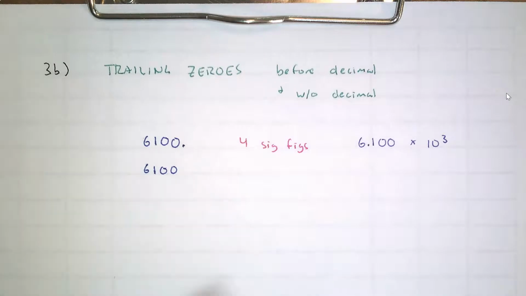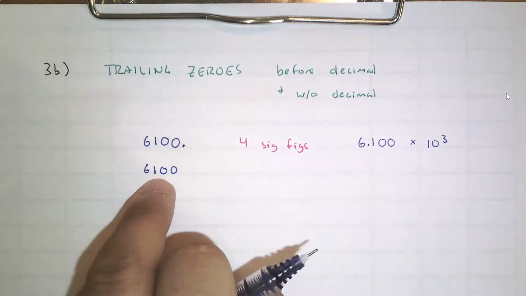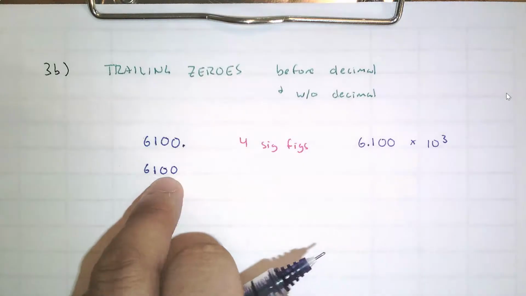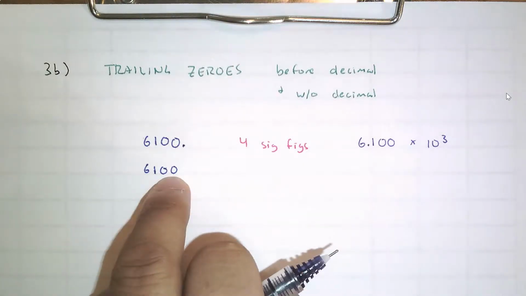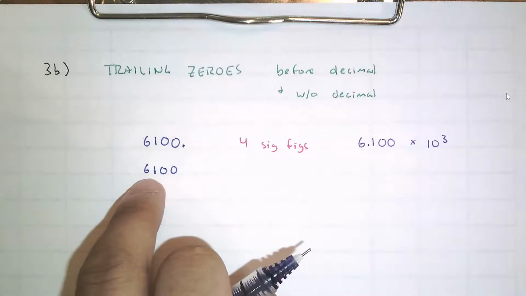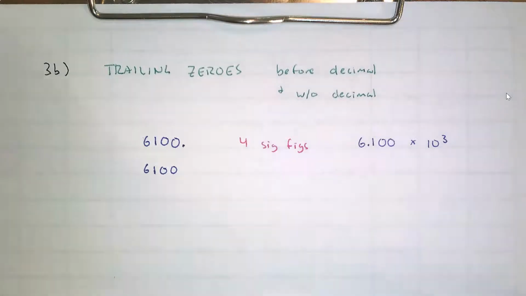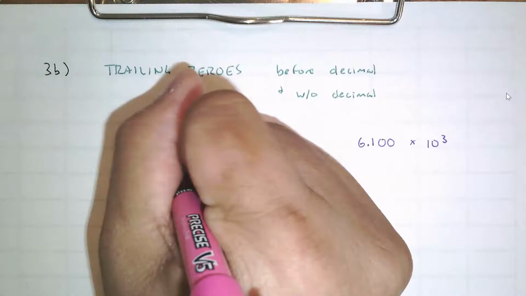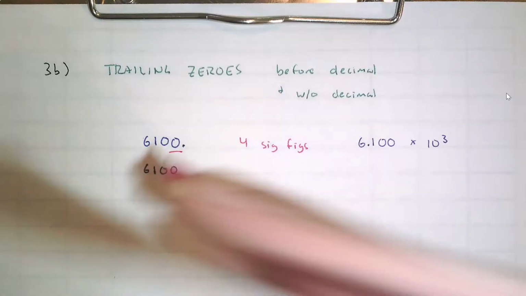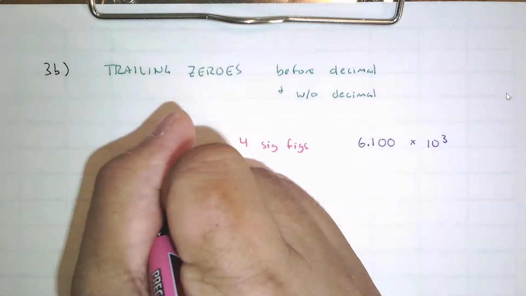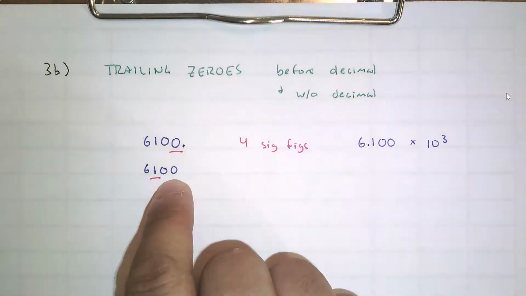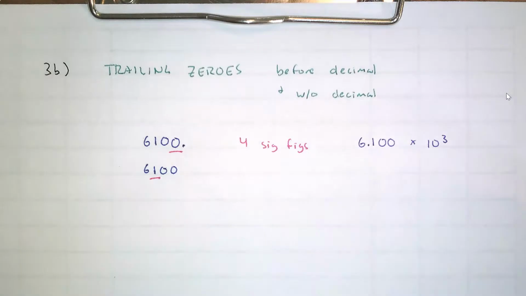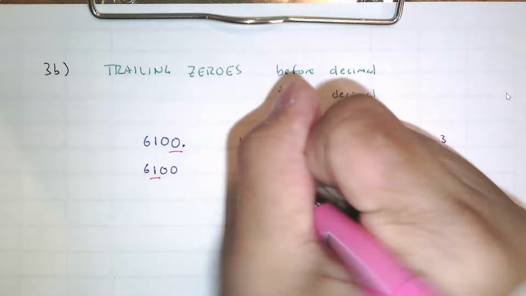And we said we are indicating that there's error in these 2 digits here. Okay, so there's a range centered around 6,100. Let's use our pink underline also. We have that. And here, our last significant figure is actually that one. So these trailing zeros do not count. They're only 2 sig figs.